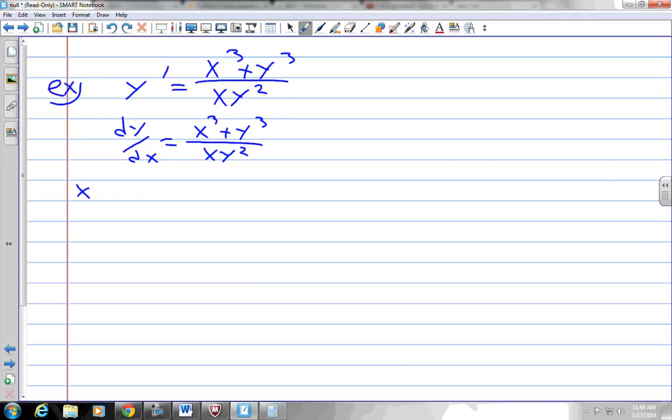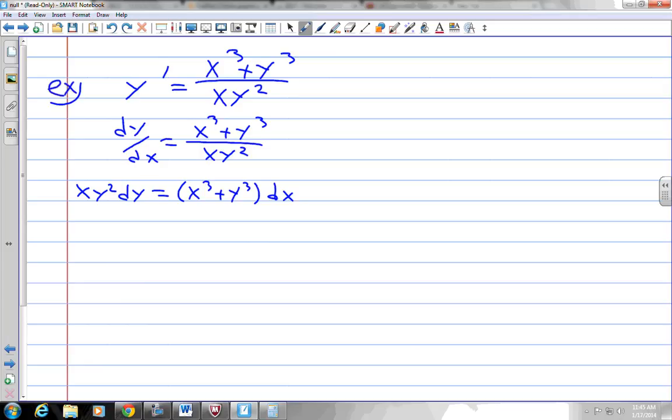I'll get xy squared dy equals the sum dx. And even if I try very hard, I don't think I'll be able to get just y's dy's on one end and x dx on the other end. What do you think? Can I do that?